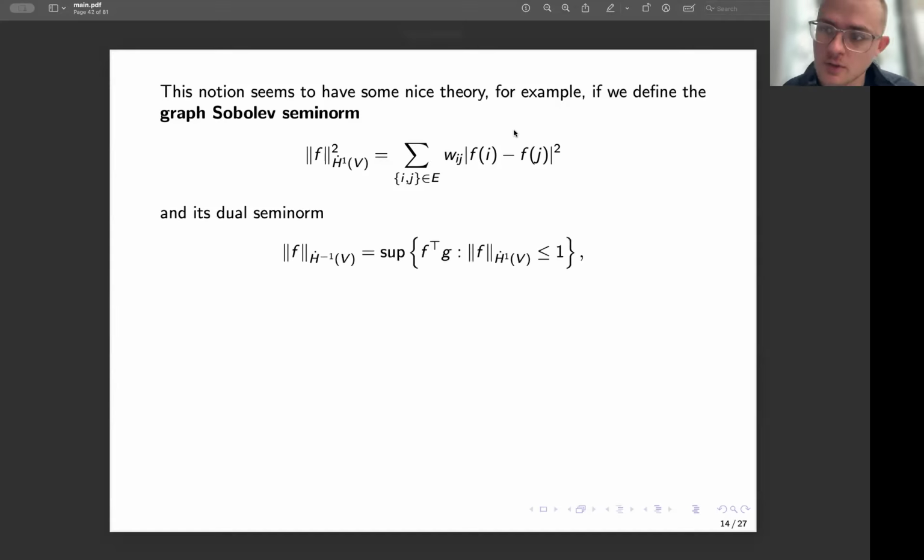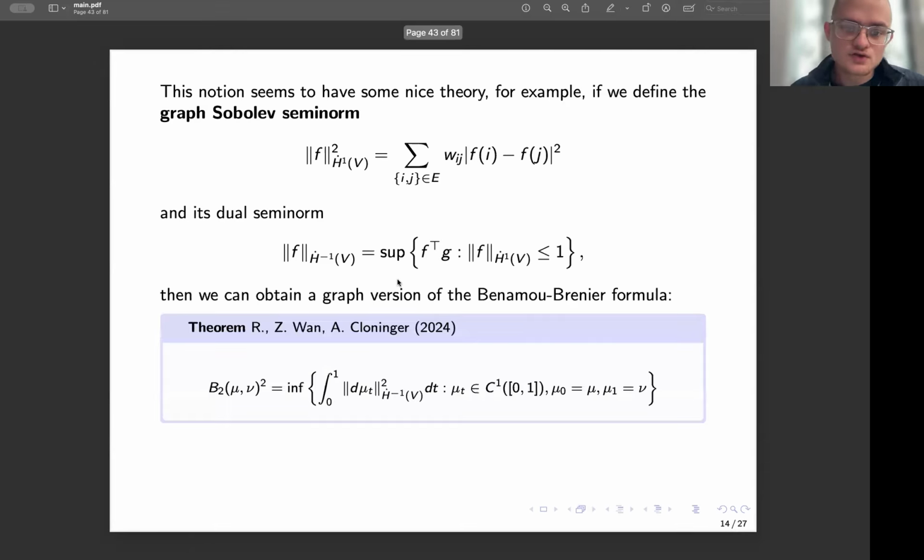It admits a dual semi-norm, in the sense that it's occasionally infinity. The H dot minus 1 norm would be defined in the dual sense, and this can be related to the pseudo-inverse of the graph Laplacian as well. So we can obtain a version of the Benamou-Brenier formula for this particular Beckmann 2 metric, which is somewhat nice.